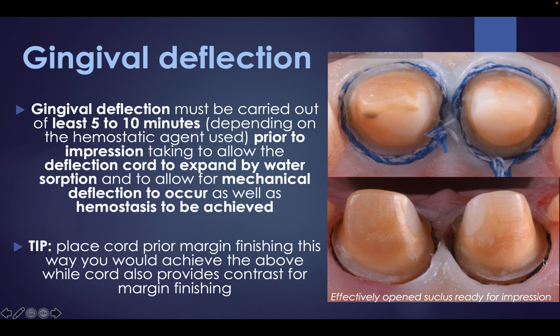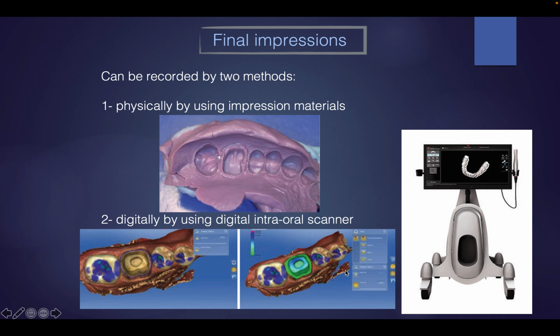Number three, there is no bleeding. Number four, with the 3-in-1, you have dried the area and there is no sulcular fluid, and everything is dry, and you can inject your material inside your opened dry sulcus.